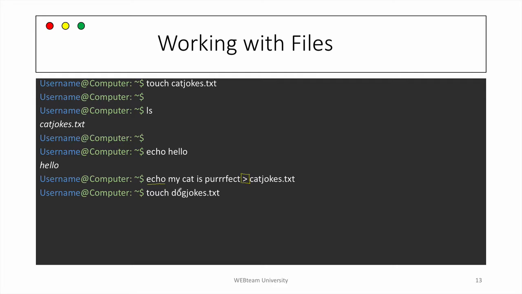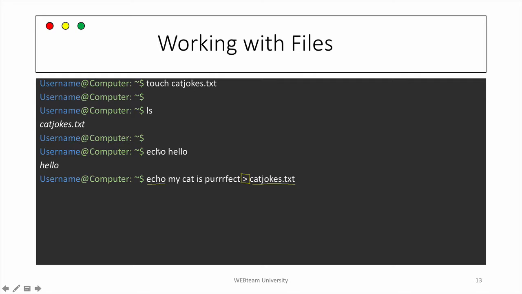So we're going to echo, my cat is perfect. Redirect that output to catjokes.txt. Catjokes.txt is a file that we created with touch. So I want to make sure that you have a good understanding of what's going on. We created a file using touch. That's just an empty text file.